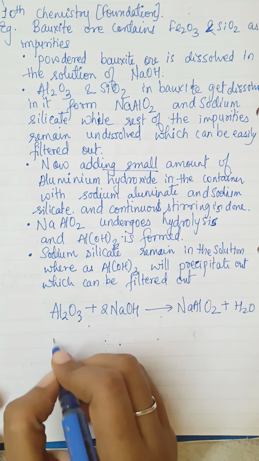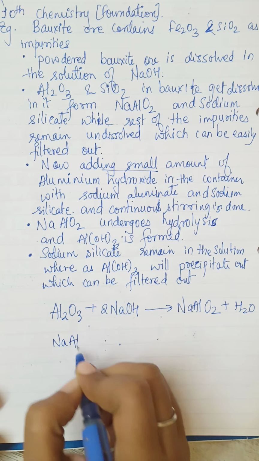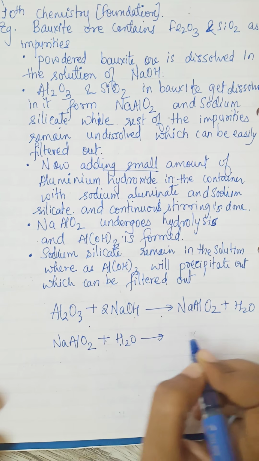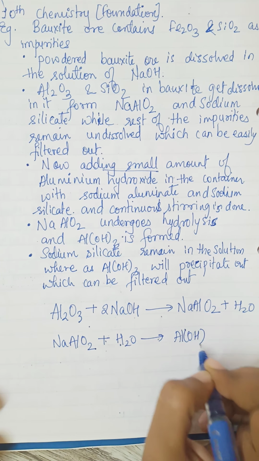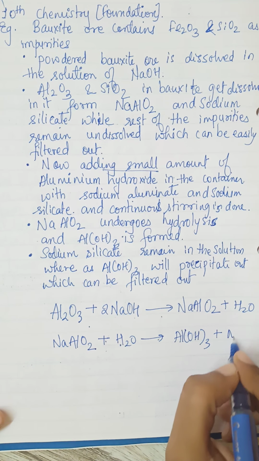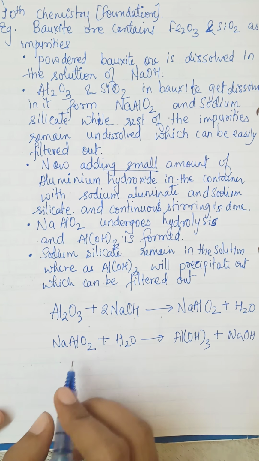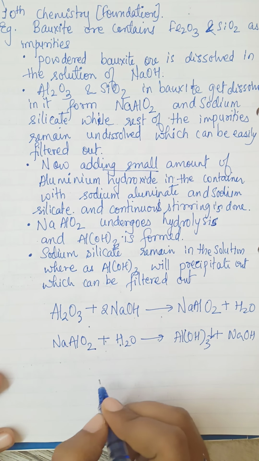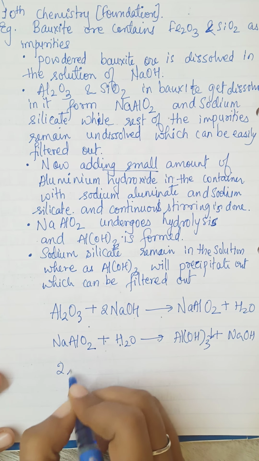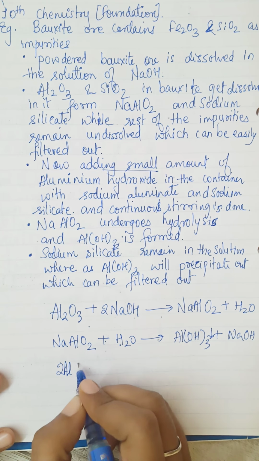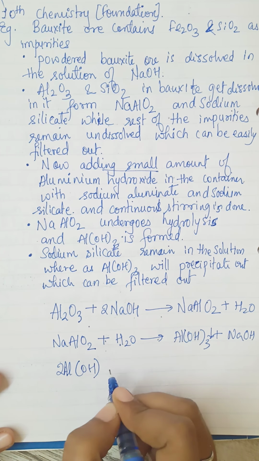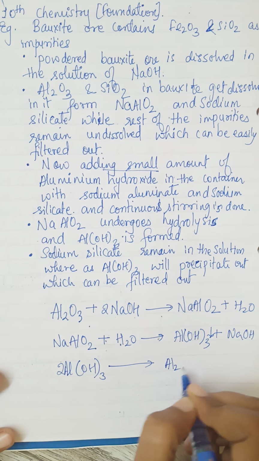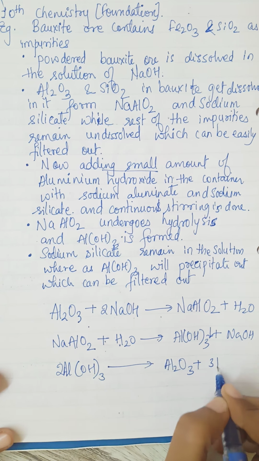Now this sodium aluminate will be hydrolyzed by the water, forming aluminum hydroxide and sodium hydroxide, which will be separated. Now this is a precipitate, so it will settle down, and after igniting, heating, etc., we get pure alumina without silicates, without anything. So we get Al2O3 plus 3H2O.